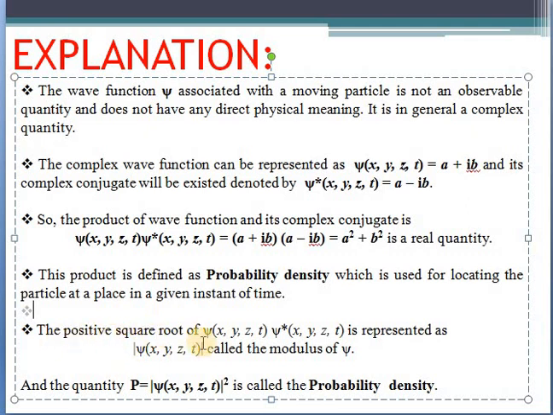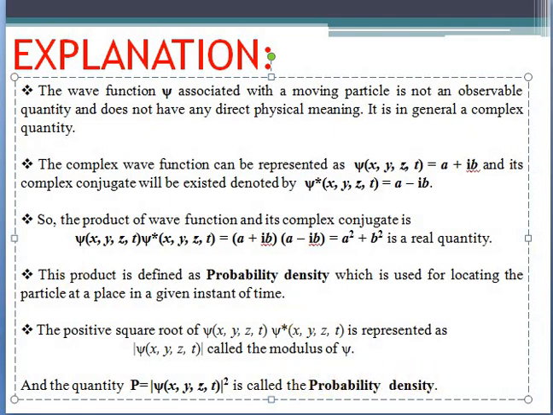The positive square root of psi star psi is given by modulus of psi. So the probability P, that is modulus of psi star psi, simply called modulus of psi square, is defined as the probability density.